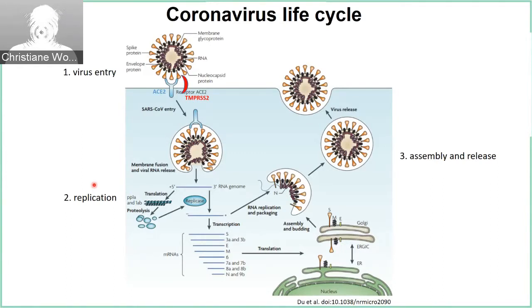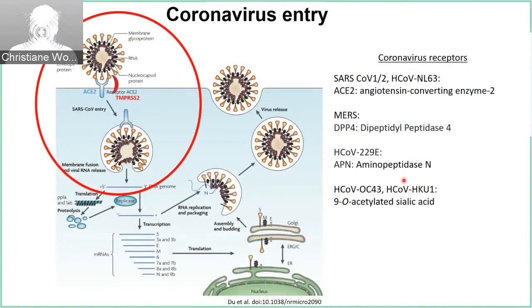The reason is that each aspect of the virus life cycle represents an opportunity to disrupt the infection and thus is a target for antiviral drug development. So we'll talk about virus entry, virus replication, and then assembly and release as we go through the slides. Let's first focus on coronavirus entry.